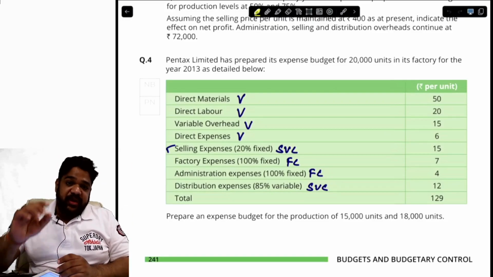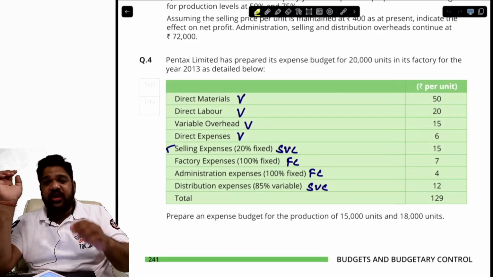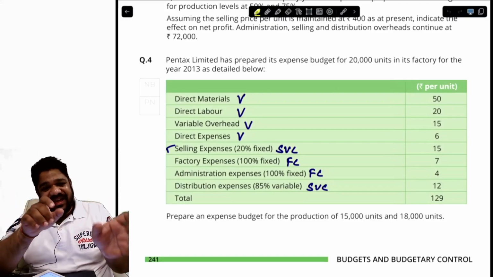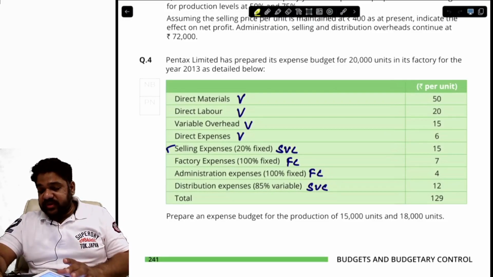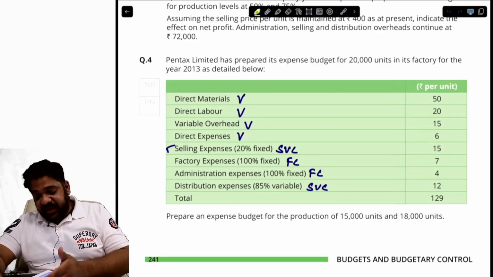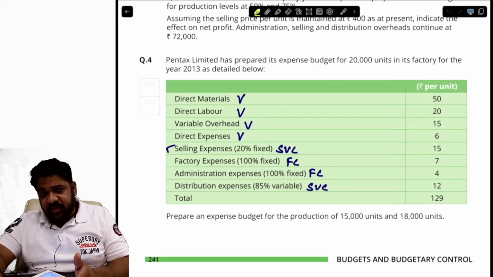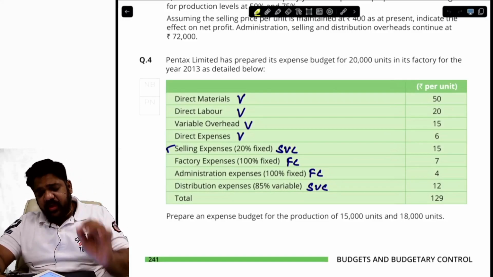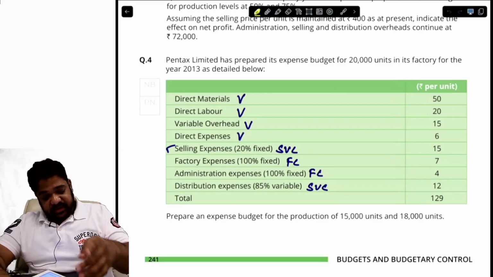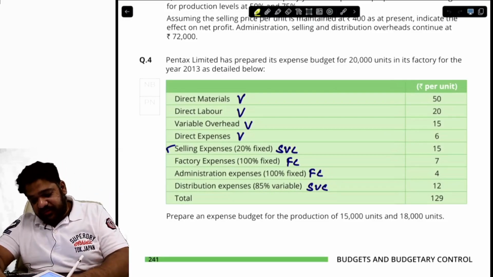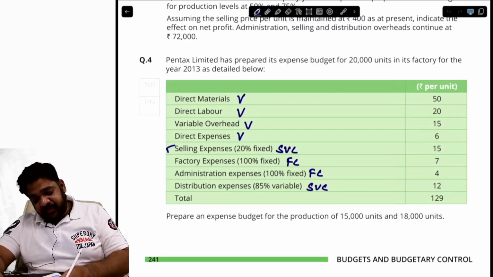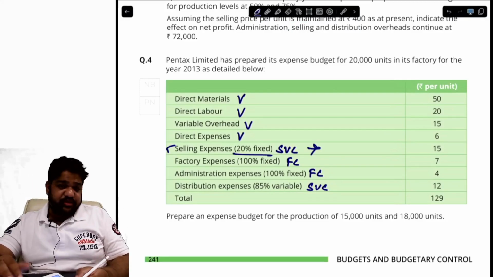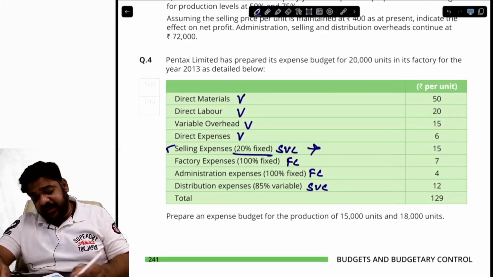Now, if a cost is semi-variable, here they will tell you how much is fixed and how much is variable. You will segregate it, and always keep this one thing in mind: variable cost is always expressed on per unit, fixed cost is always expressed on totality. Now, let's talk about the example we have here. For the semi-variable selling expenses, 20% is fixed, which means the balance 80% is variable, right?